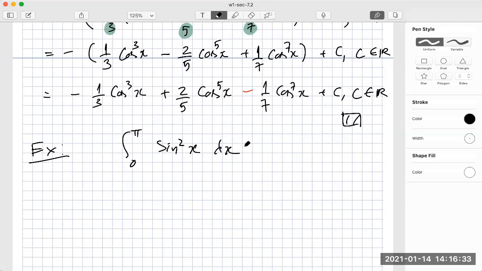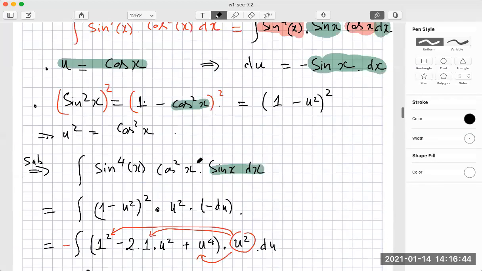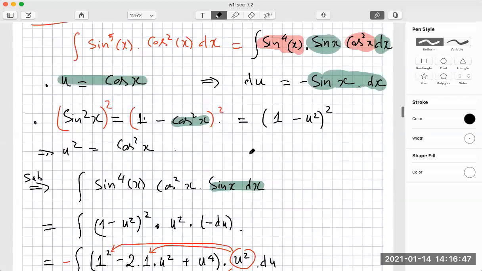Look at the table I gave you, the formulas. Which formula should we use? Yeah, the hint is half angle formula.